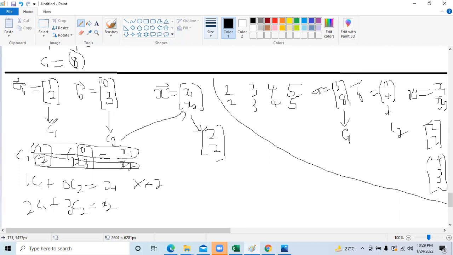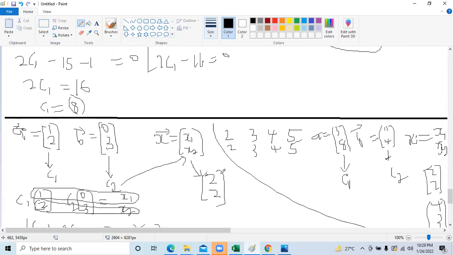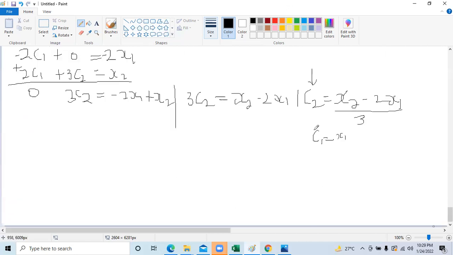To get the value of C1 and C2 that will give me vector X equals 2, 2, I'm going to substitute this X. So this is X1 and this is X2. I'm going to substitute it into this formula.